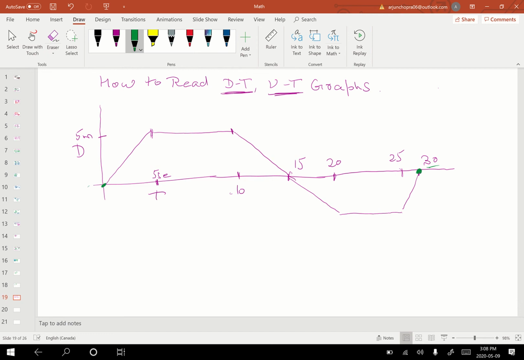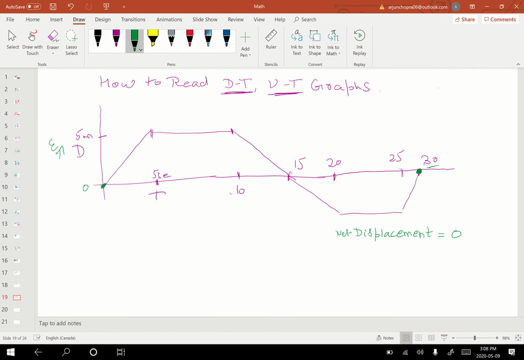Displacement here starting from 0 is in the east direction. So the net displacement will come out to be 0, because you started from 0 and you end up at 0.